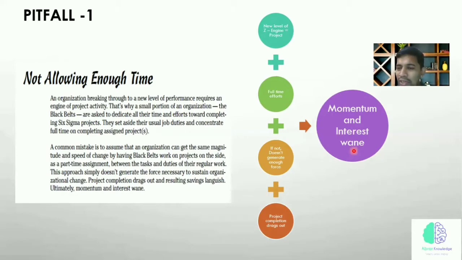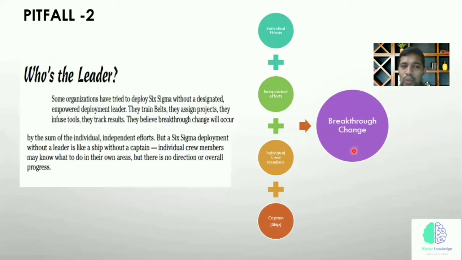The number one thing is that the time has to be sufficiently given. Number two, who is the leader? That is a very, very important question. Whether we are talking about individual contributors, where the person independently does some data collection, or some review, or some analysis, or a crew where everyone has been assigned a different task, or everybody has to align to a captain.